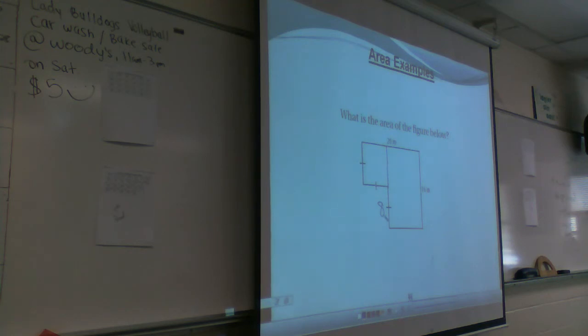Because these two are congruent. So since these two, going up and down, are congruent, I know that this point right here is in the middle of that 16. That's where the 8 is coming from. It's just cutting it in half. So anywhere I see that line, I can put an 8, correct? So I put an 8 there, 8 there.